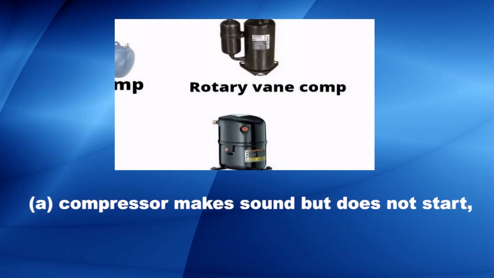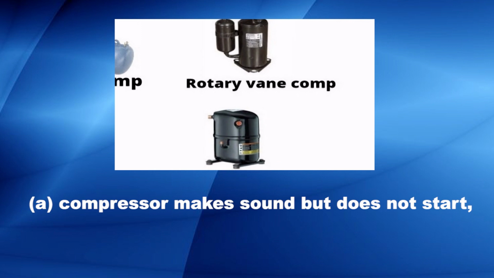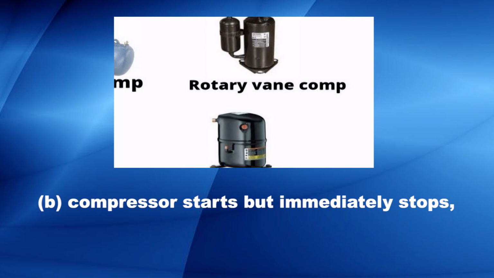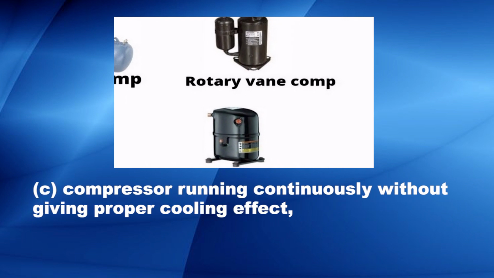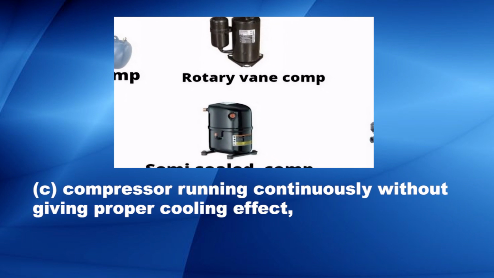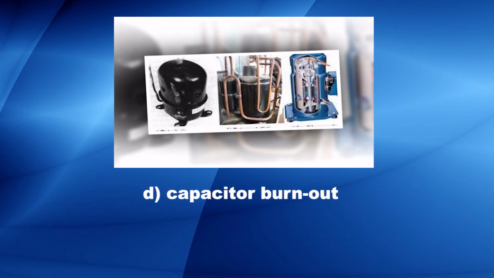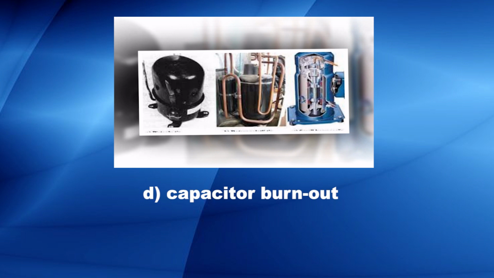Common problems include: compressor makes sound but does not start, compressor starts but immediately stops, compressor running continuously without giving proper cooling effect, the capacitor burnt out or high pressure head, etc. These are some common defects associated with the air conditioner when some problem arises with the compressor.